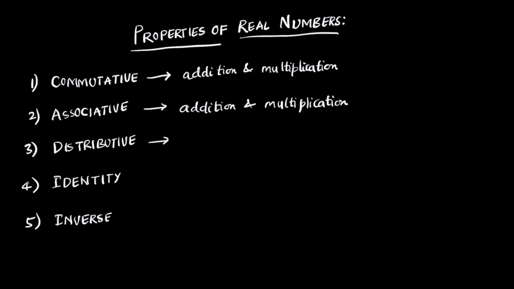The distributive property requires two operations to act at once, so this is most commonly used for multiplication and addition. Identity: there are two identities, additive and multiplicative.